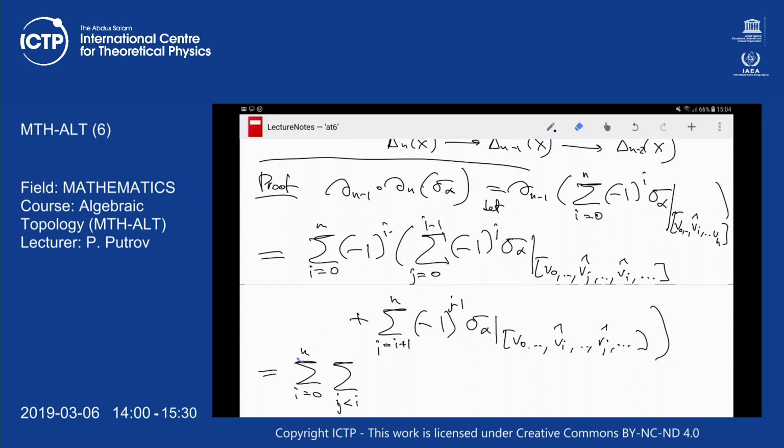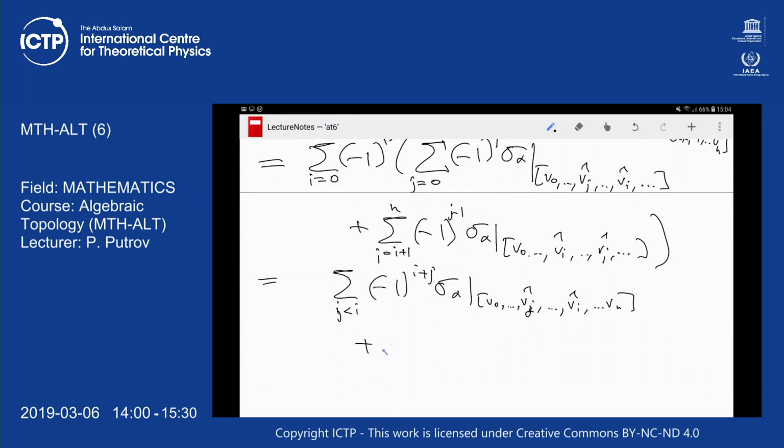I can write it just as a double sum, meaning I sum over pairs of indices satisfying the condition j less than i, with sign minus 1 to the power i plus j. And the second part will be a double sum where i is greater than j.